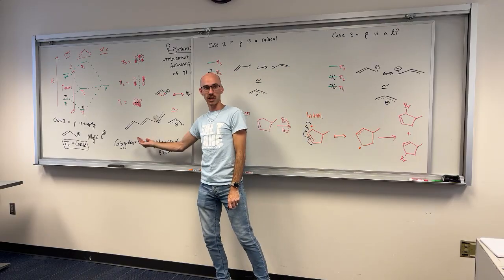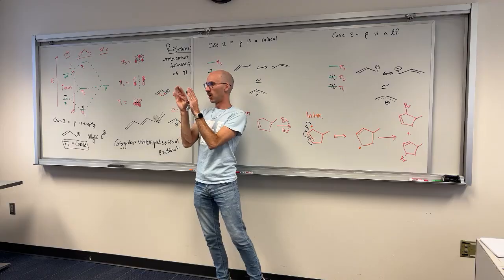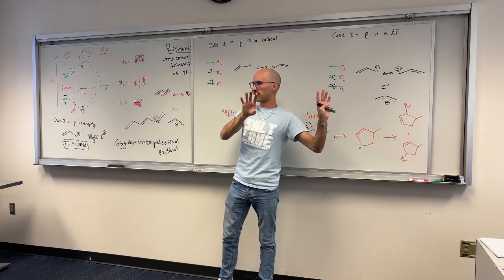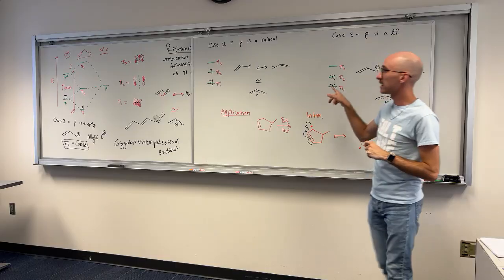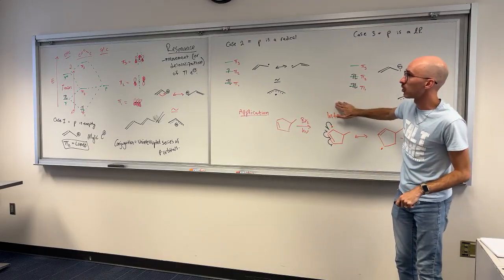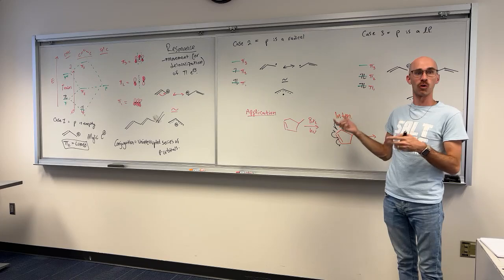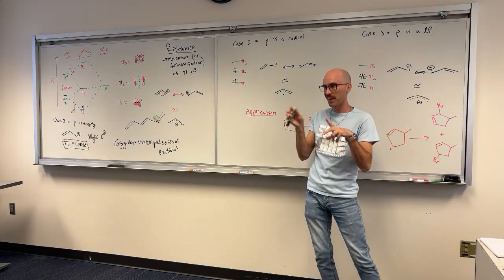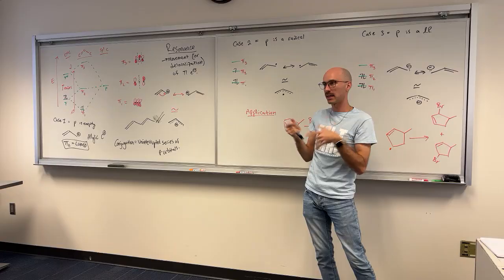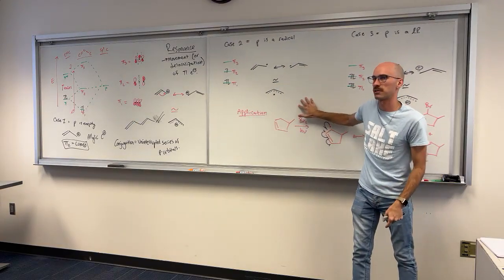Here, conjugation means their p orbitals are relating to each other. Uninterrupted series of p orbitals. Resonance is the movement or delocalization of pi electrons, so you need those p orbitals to do it until you get to metals, and then their d orbitals can overlap and create a pi bond.